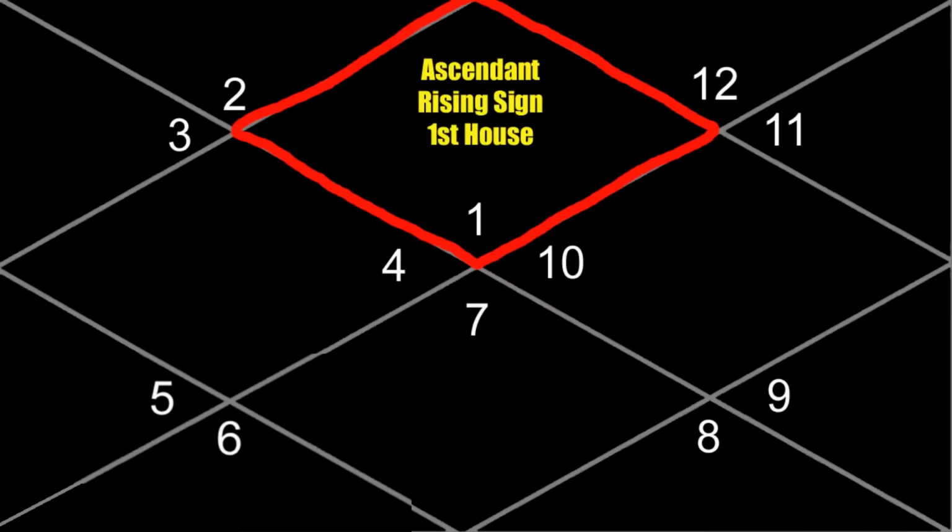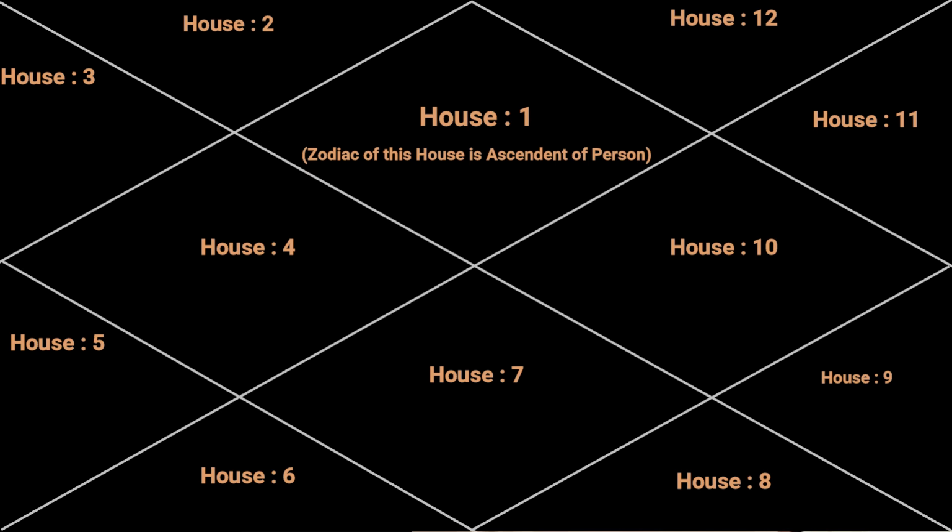So if you're looking at a chart from my report, all those pages and all these charts that you see, whether it's divisional charts or your birth chart, the ascendant of all of those charts is always this box. That's it. Simple.